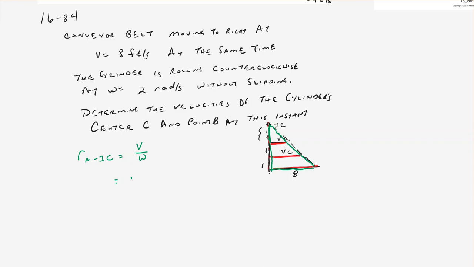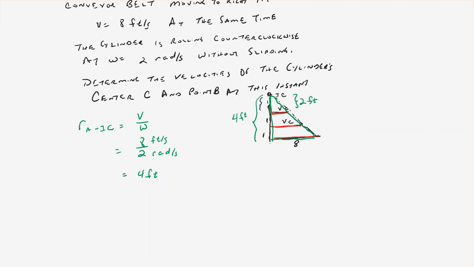So R is equal to 8 over 2, because that's your radians per second, and this is your feet per second. So R turns out to be 4 feet. Okay, so this total is 4 feet. So this distance right here is 2. Okay, so here we go. So let me draw this.